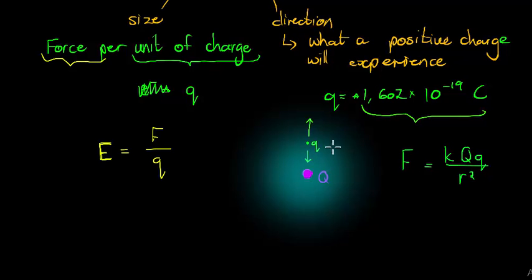So again, we see that this electric field is a region of space around a charge that causes a unit charge, in other words one positive charge, to experience a force. Now that's a whole region of space, but at every point in this region the electric field will have a different value, actually in little concentric circles, because it all depends on how far it is away from the center.